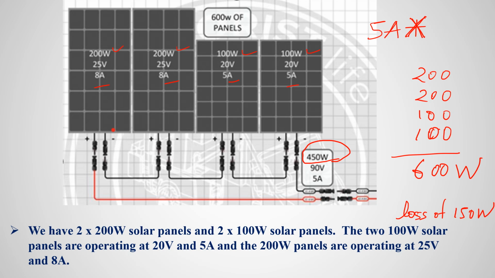So this becomes your 90 volts. This is equal to 450 watts. This is how you got the 450 watts. But in fact the panels can perform up to 600 watts if wired in a proper way. So it's clearly a current mismatch.